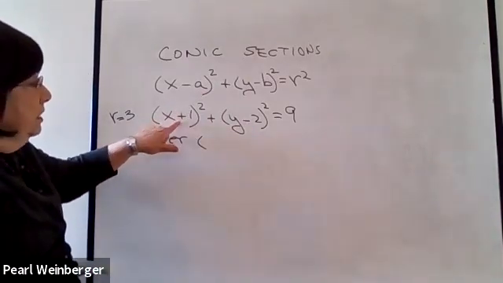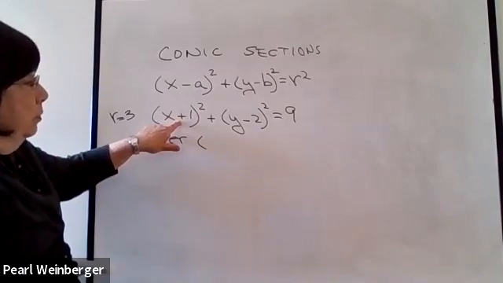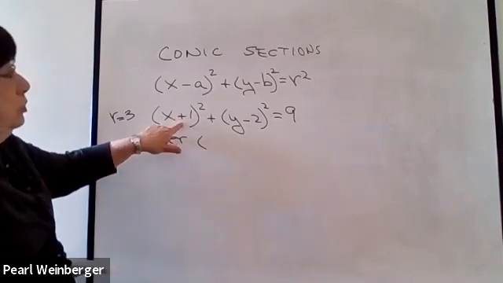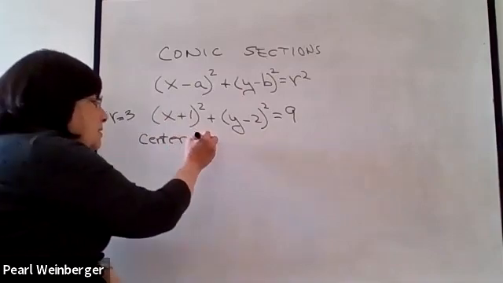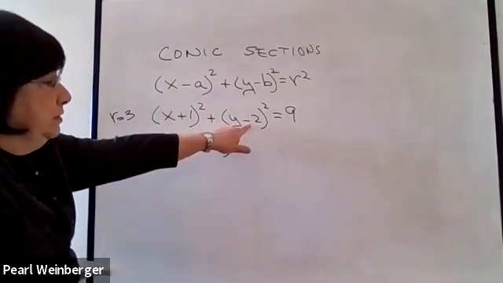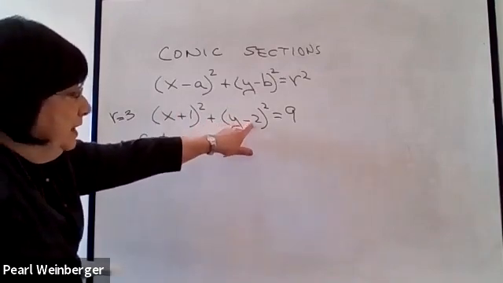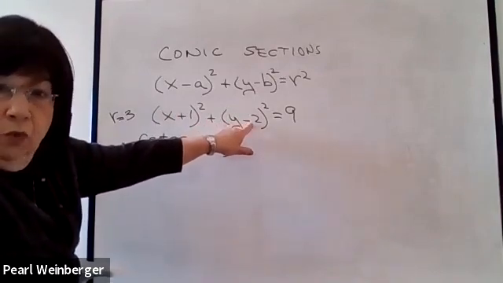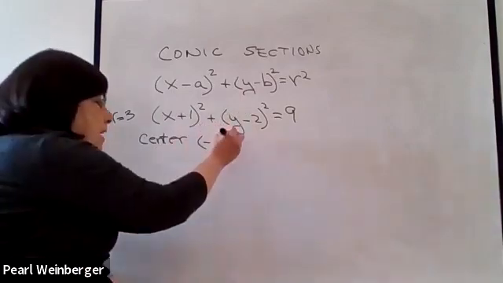In this parentheses with the x, I see a plus 1. So the x of the center is -1. In this parentheses with the y, I see a -2. So this y center is +2.